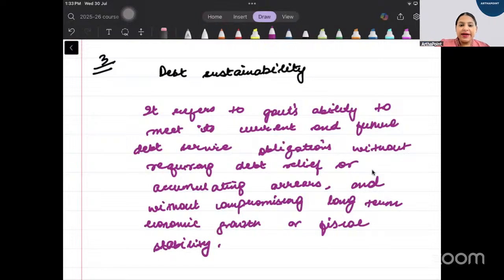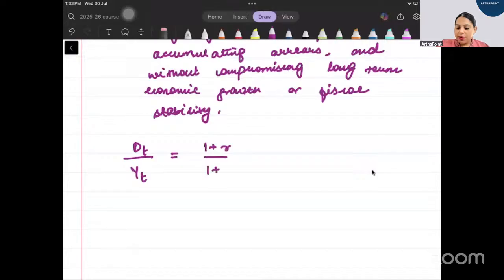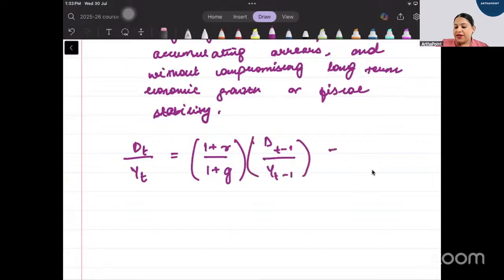So in mathematical terms, there is a formula that says debt by GDP ratio is equal to (1 plus R upon 1 plus G) times debt GDP ratio of the past minus PBT. PBT means primary balance, fiscal balance excluding the interest payment, upon GDP. This is the formula of debt GDP ratio.